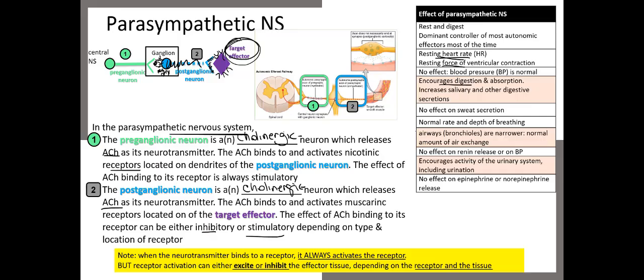When it binds to receptors in the smooth muscles of the bronchioles, it actually contracts the bronchioles to make them narrower, and it stimulates activity of the urinary system. So again, depending on which tissue these receptors are found in, it will lead to either a stimulatory effect, as is the case in digestion, or an inhibitory effect, as is the case on the heart.